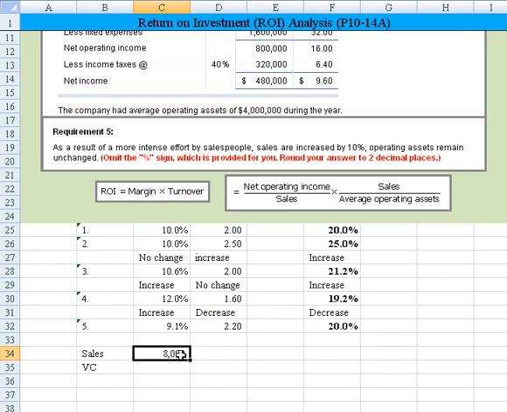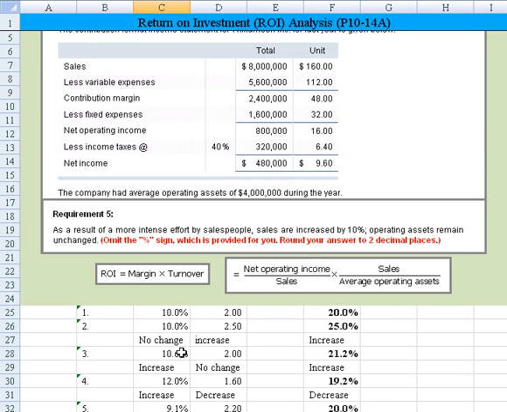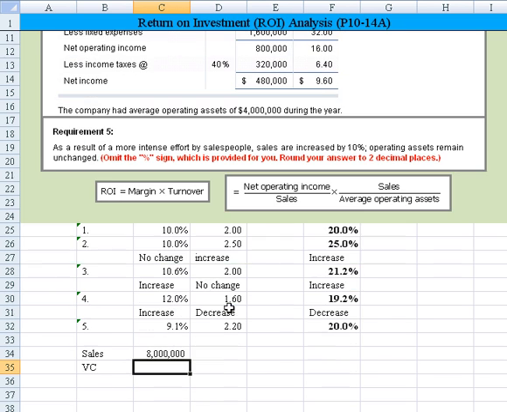Now let's do it in millions, so that doesn't get confused. So we've got millions, and then variable expenses of 5,600. So we have contribution margin, I'll just abbreviate here, equal to 8 million less the 5,600.